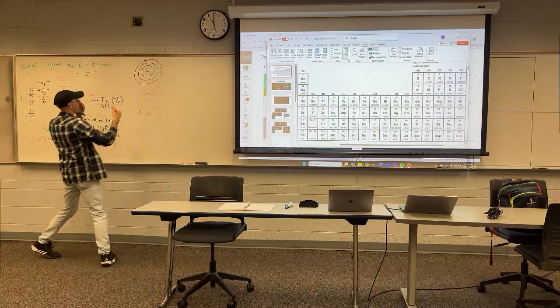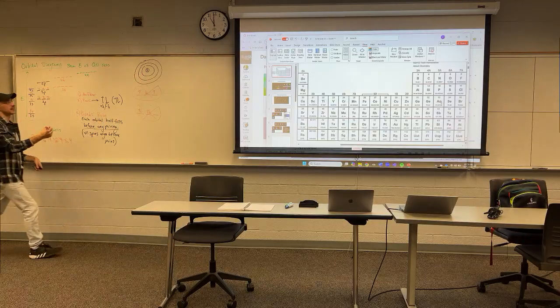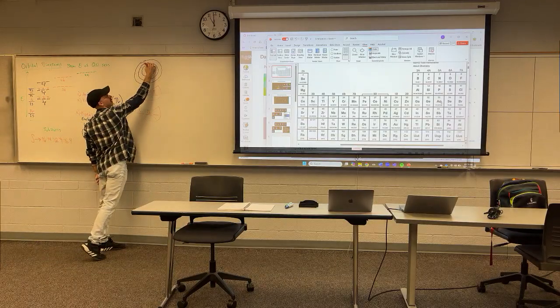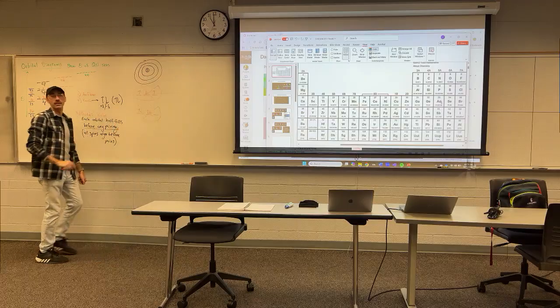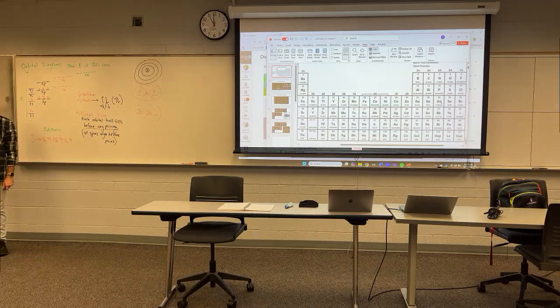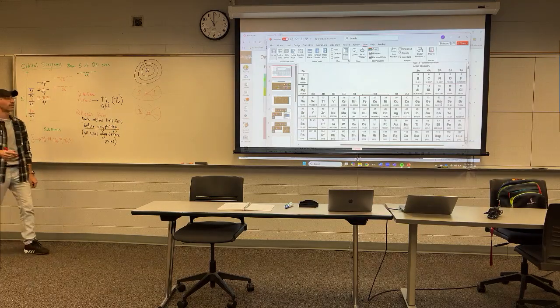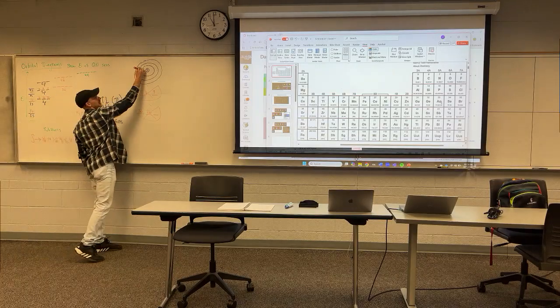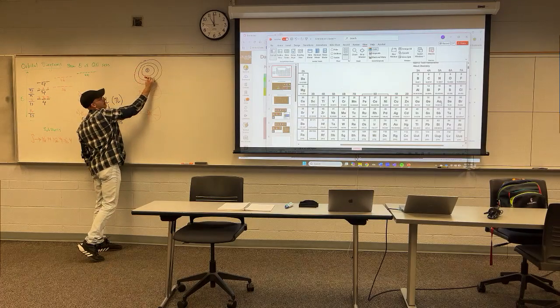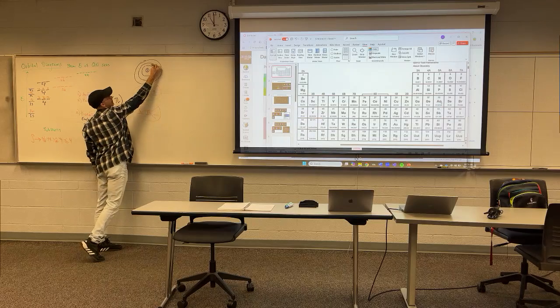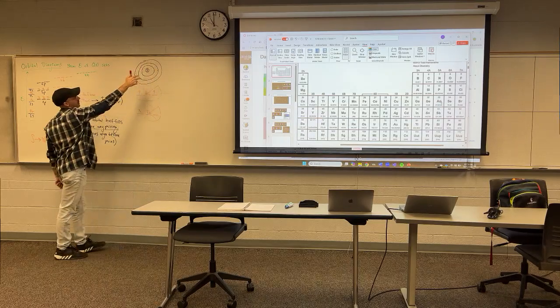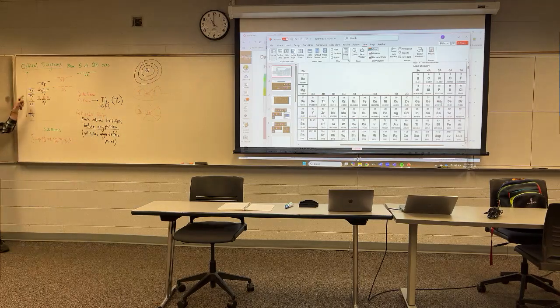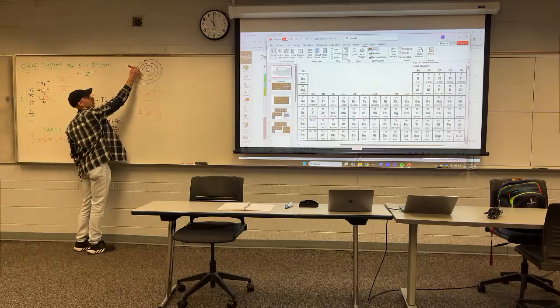So if this were sulfur and we were trying to show it, here's what we would say. There's an electron here and an electron here. 2 electrons in the first shell. And then there's 2, 4, 6, 8 in the second shell. And then there's 6 more in the outermost shell.